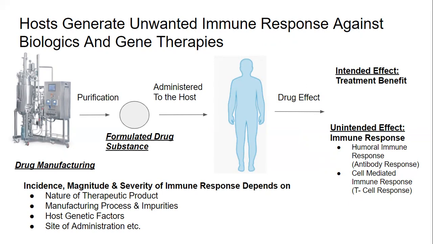The host genetic factor itself has an important role to play in the generation of this unintended immune response. And the site of administration, such as intravenous, intramuscular, or parenteral, has its own effect.